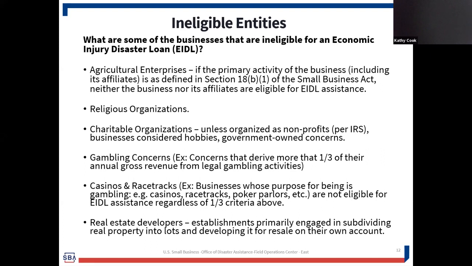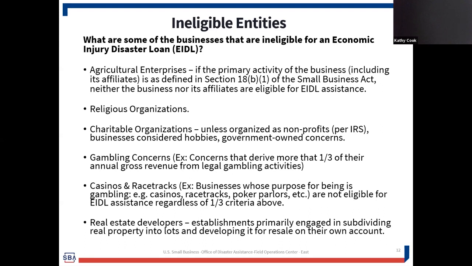Charitable organizations are not eligible unless they are organized as a nonprofit. And we talked about that being according to the IRS. So if you have a little business that's a hobby, you sell Avon or you sell something else, and you don't file taxes as a business, that's not eligible.